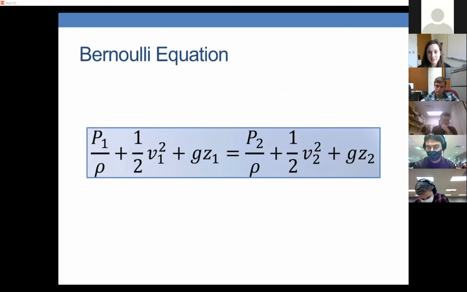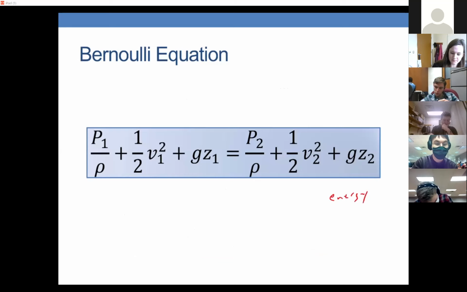Take a second to write that down. Now, as a reminder, what are the units of this equation as I've written it here? Isn't it energy per mass? Energy per mass, just as a reminder.